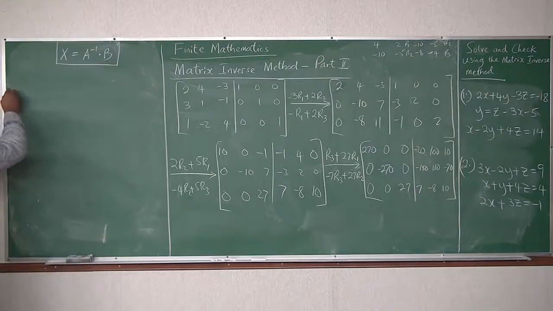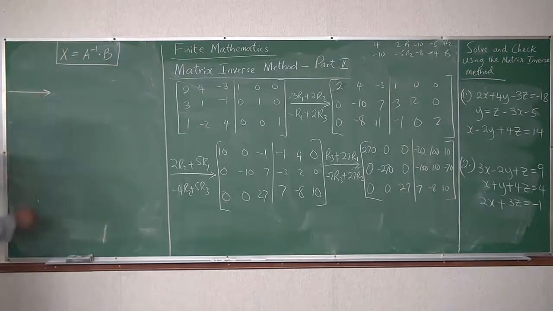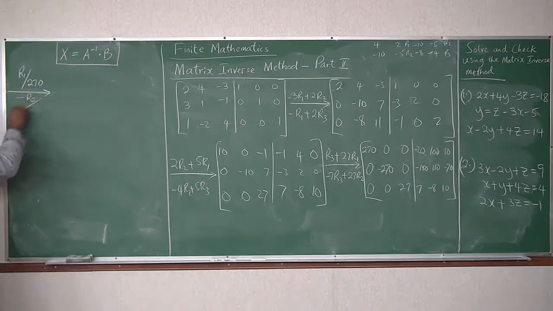Alright. We will now have what? R1 over 270, then negative R2 over 270, then R3 over 27.